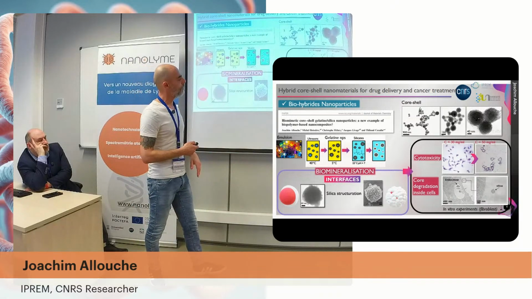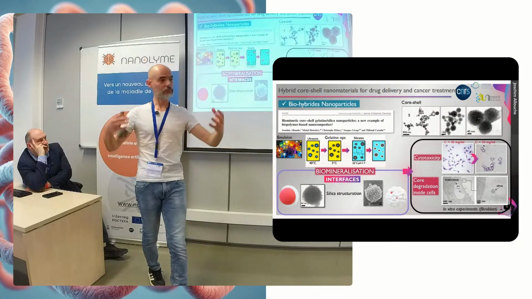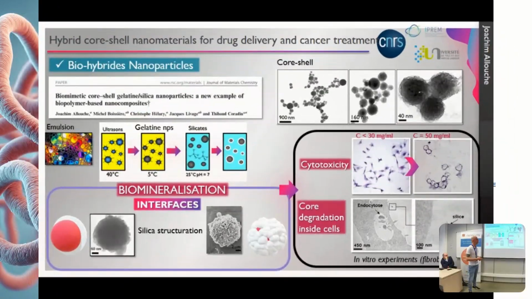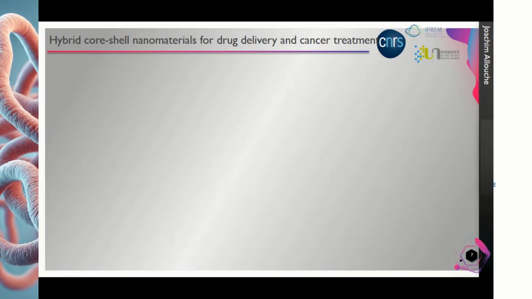For example, we identified that the particles are embedded inside the cells by endocytosis. And what you can see is that you have a degradation of the gelatin core within the cell. So this particle can be applied for drug delivery inside the cell to kill, for example, cancer cells. So this is the first example.